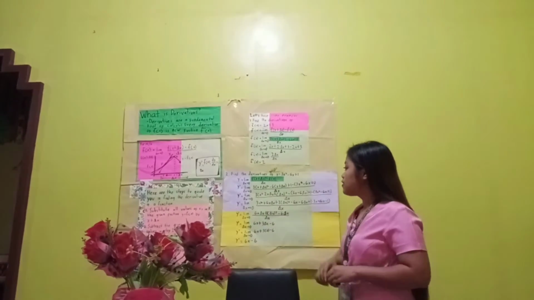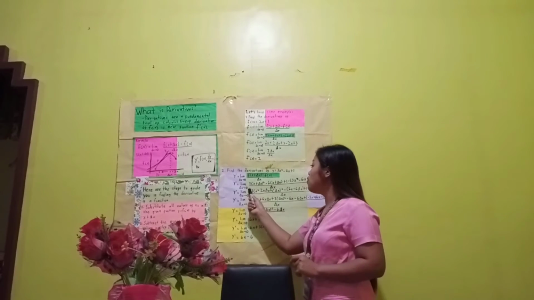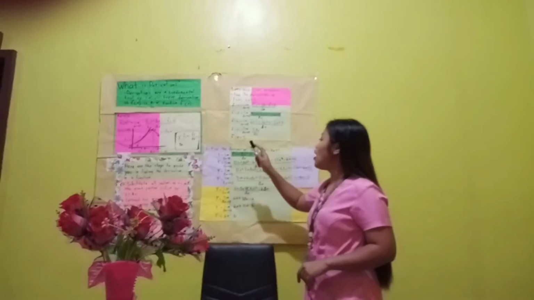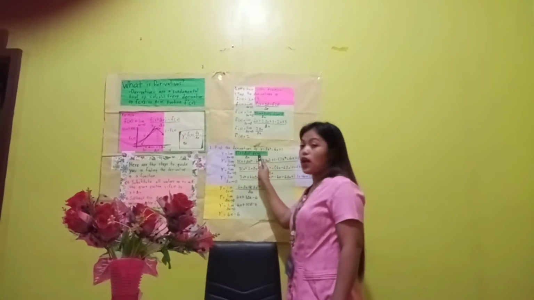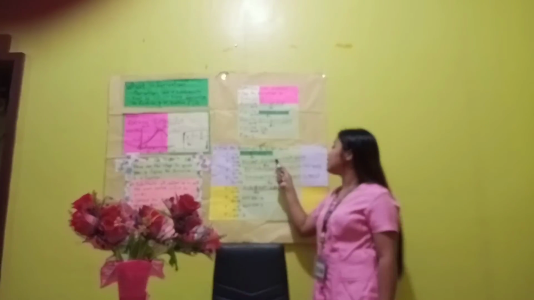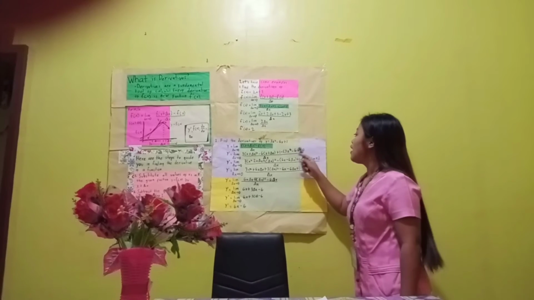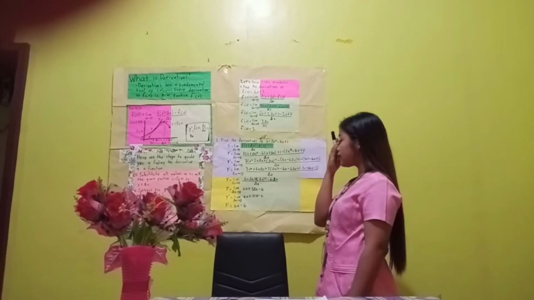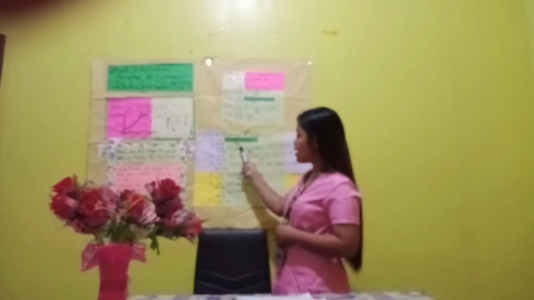So, let's substitute all the values. y prime equals the limit as delta x approaches 0 of 3 times the quantity x plus delta x squared, minus 6 times the quantity x plus delta x, plus 1, minus 3x squared minus 6x plus 1, over delta x. Next, let's subtract the first step.